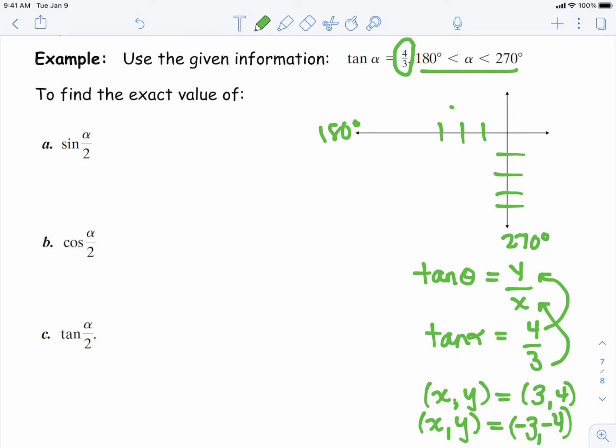So we're going to go left 3 and down 4 on the x and y axes. So here's our point, x, y. So this angle might look something like this, starting at standard position, terminal side, and then there's our angle alpha.